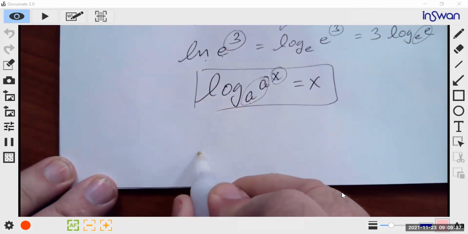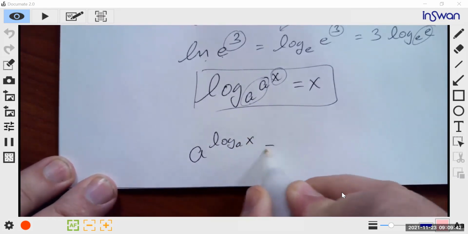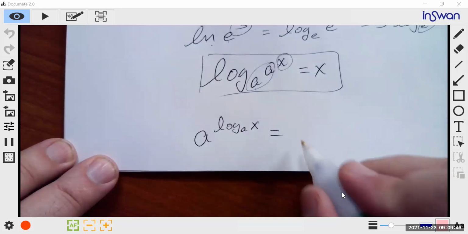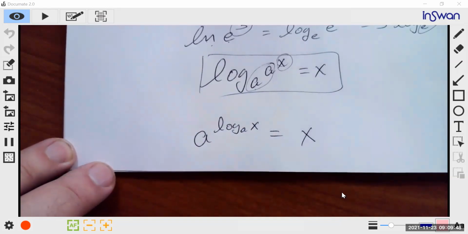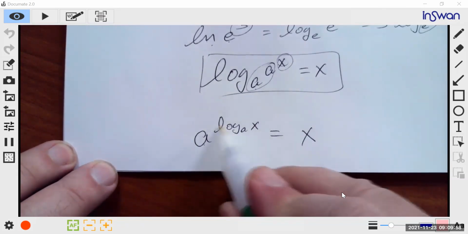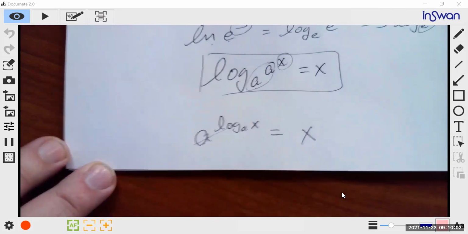Also, another special one: if the base is a of the big equation and the log is base a, these cancel out. We just have x.